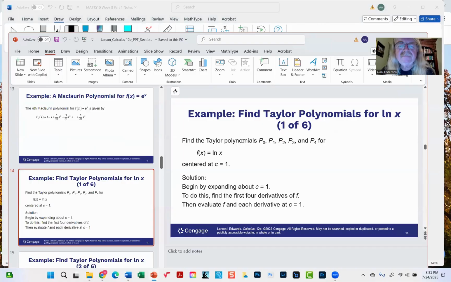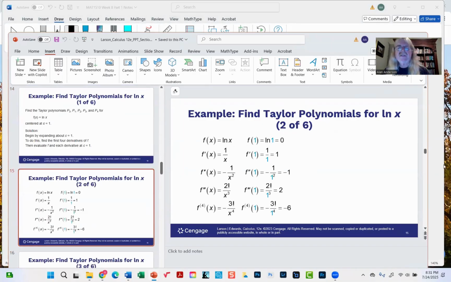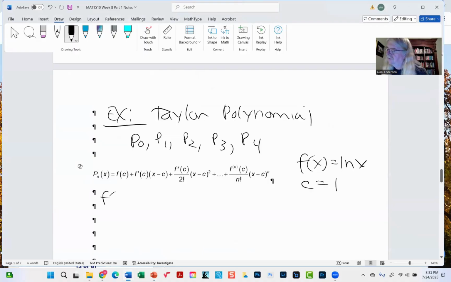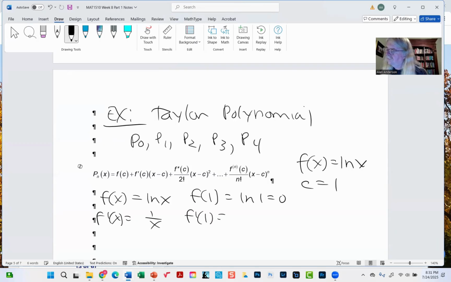All right. So we have f of x is log x. F of 1 is log 1, which is 0. F prime of x is 1 over x. Okay, so we'll need the first 4.